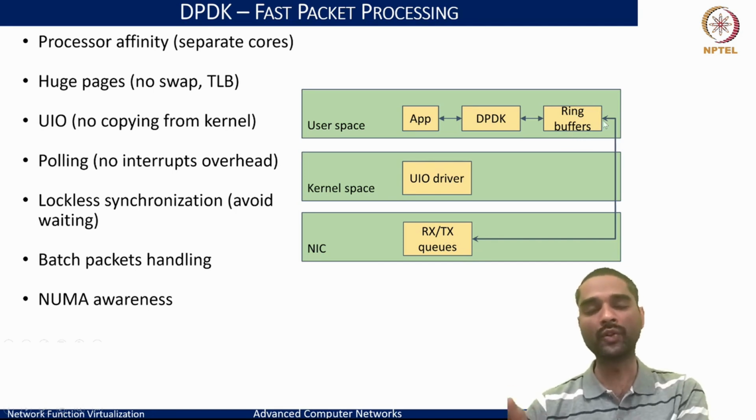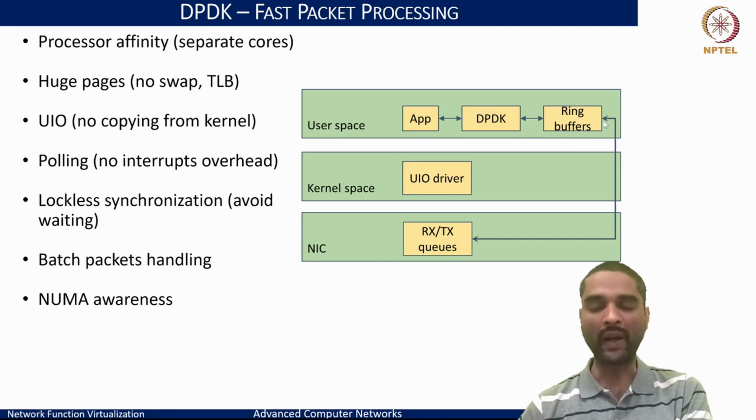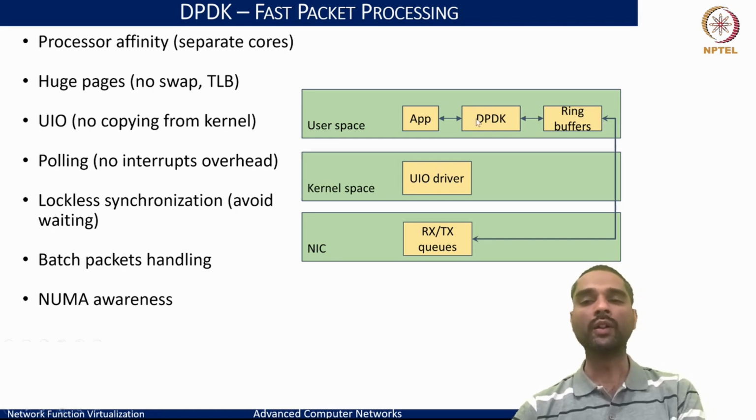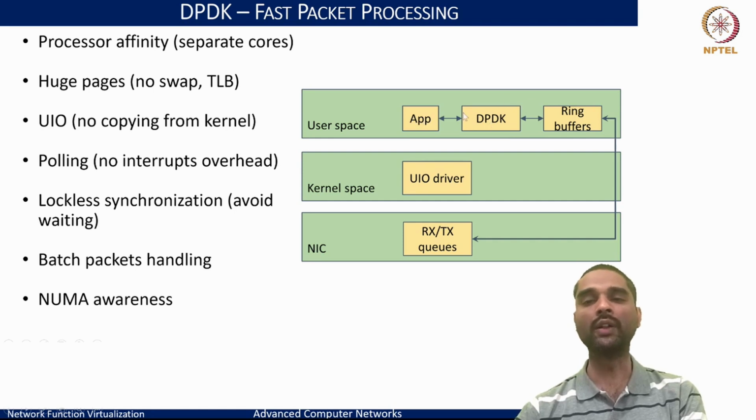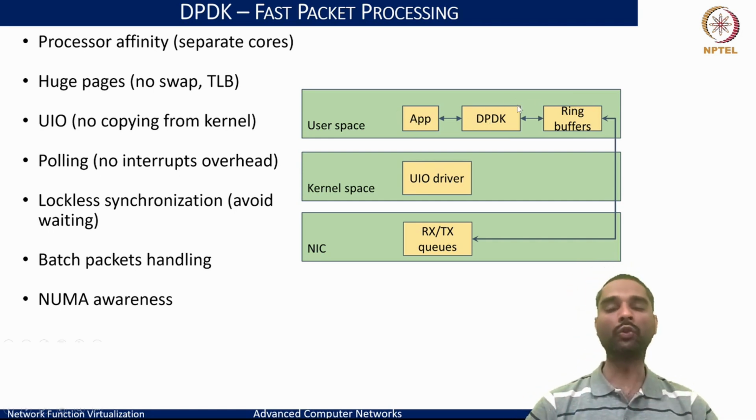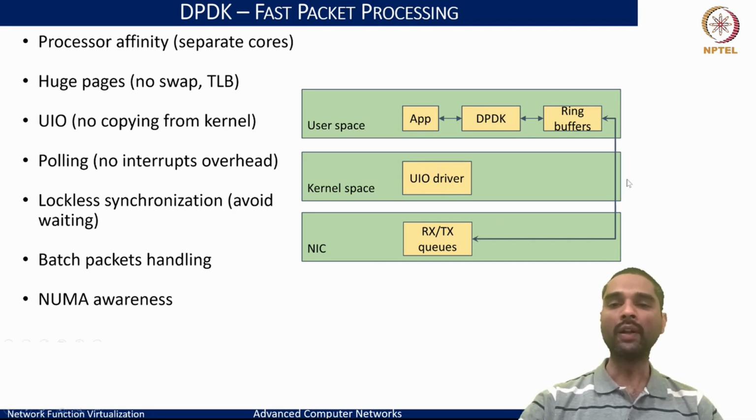And once the packets are copied to these ring buffers, because they are in user space, the DPDK framework, which is basically a library hooked with the application, can allow the application to process that packet directly in user space without the need for a system call and without the need for any interrupt from the NIC to the hardware to process those packets. And thus, it's completely bypassing the kernel space, providing the packets to the user space.